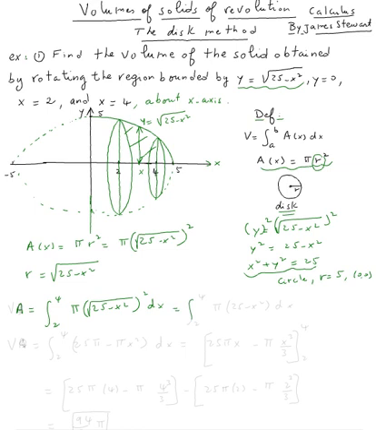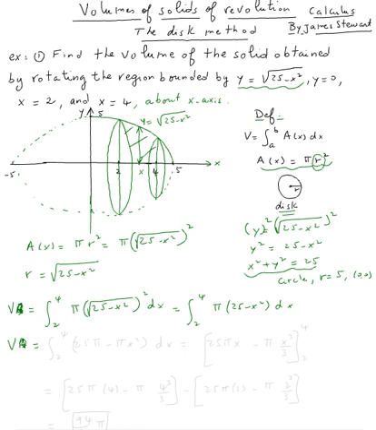Let's do this. So this is the integral from 2 to 4 of pi times, if you square the radical, you get whatever is inside, 25 minus x squared dx. This is the volume, of course.